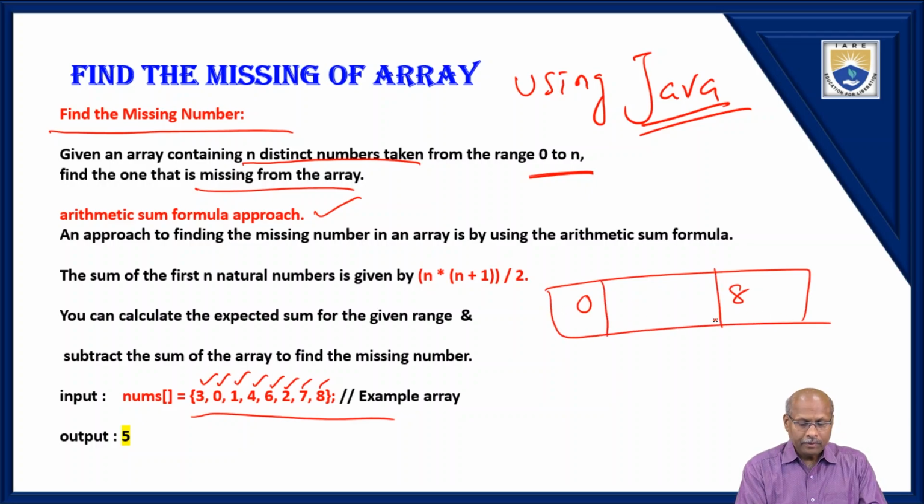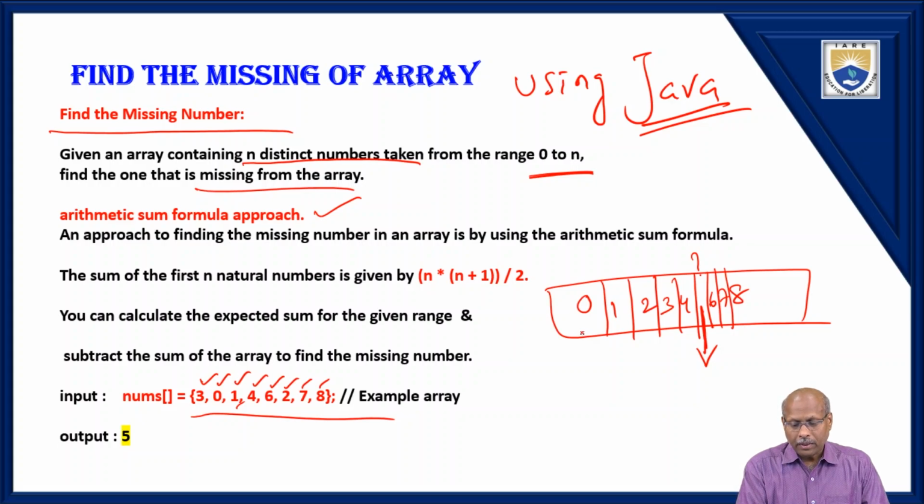So which number is missing? 0 is there, 1 is there, 2 is there, 3 is there, 4 is there, 5 is not there, 6 is there, 7 is there. That means this number is missing. So now your goal is to find out which number is missing.